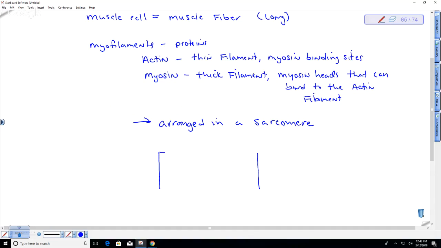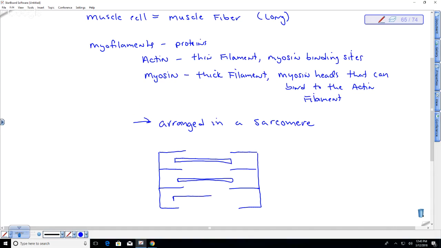We have the thin filaments connected to the central protein, that center line. And then we have thick filaments in the middle. Okay, actually, I'm going to draw a third one down here. Usually drawn in threes. Okay, so this is one sarcomere.